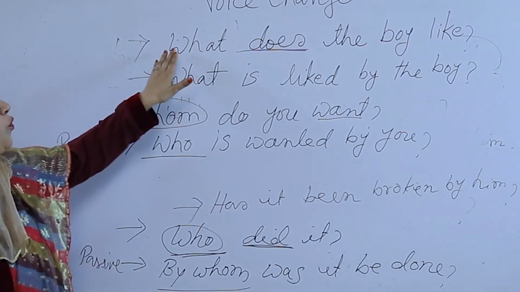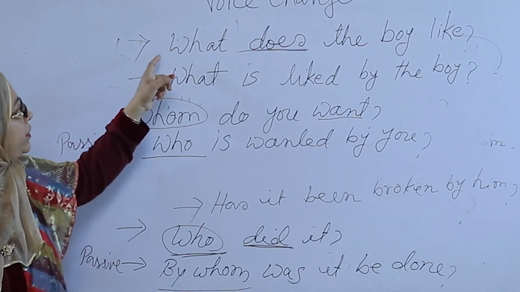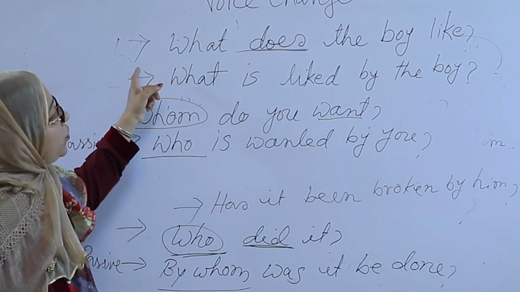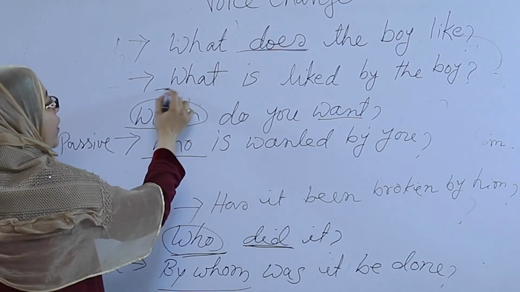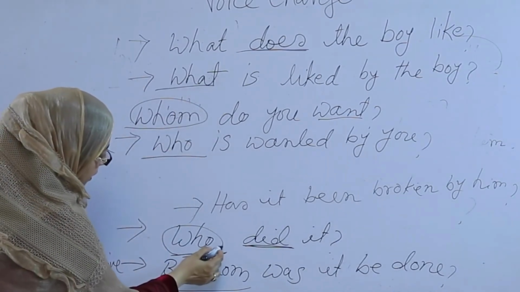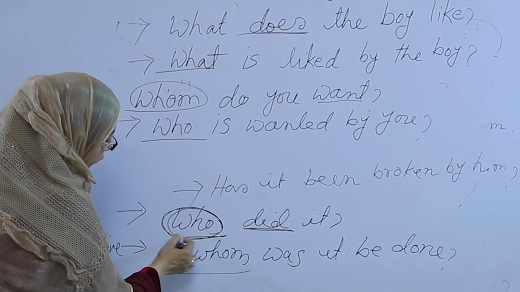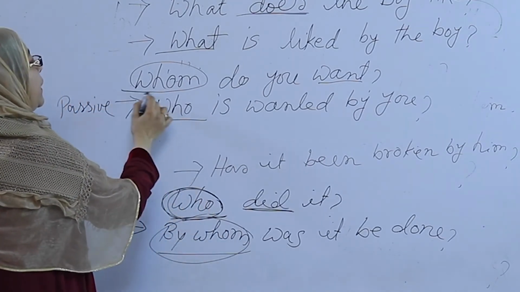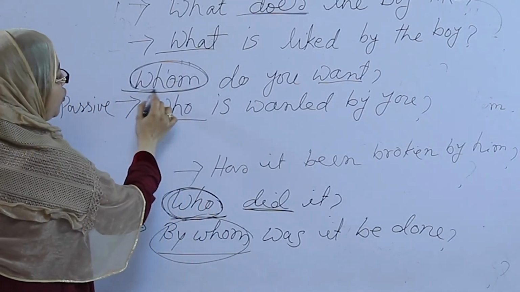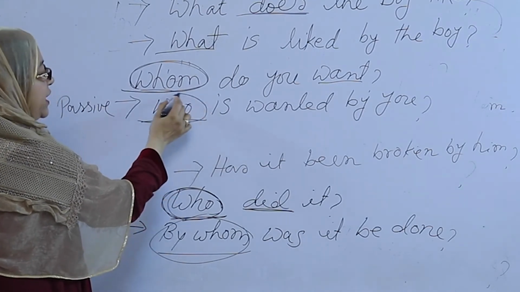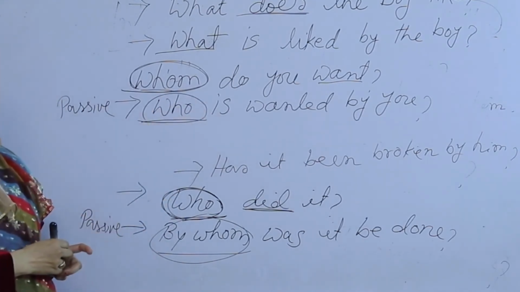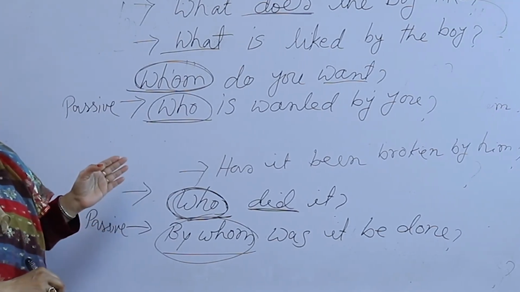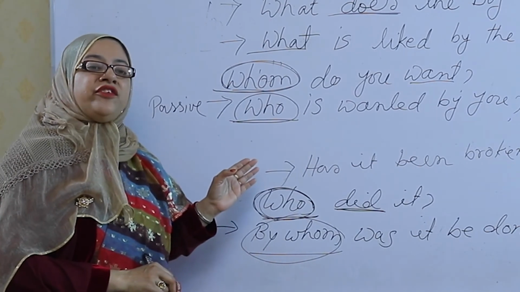But what, when we turn what does the boy like into passive, we do not change what. I only change whom and who: when I turn it into passive I use by whom, and in an active form whom, when I turn it into passive I use who. So, is it clear to you? How can we change from active to passive in an interrogative sentence?